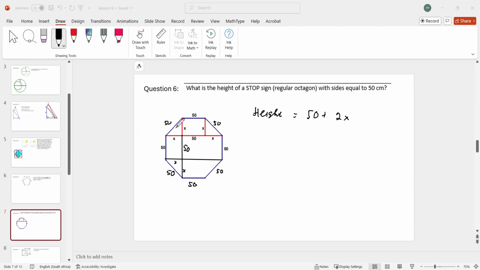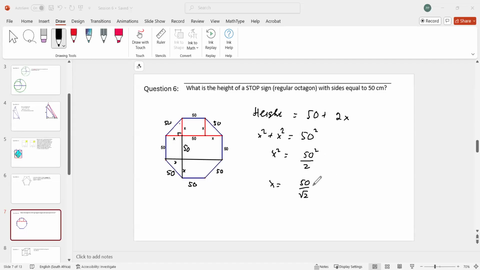All right, so therefore we've got a right angle triangle here, and the sides are x, so x squared plus x squared, using Pythagoras, is 50 squared. So now you can calculate what x is: 2x squared is 50 squared, so x squared is 50 squared over 2, and therefore x is 50 over square root of 2.